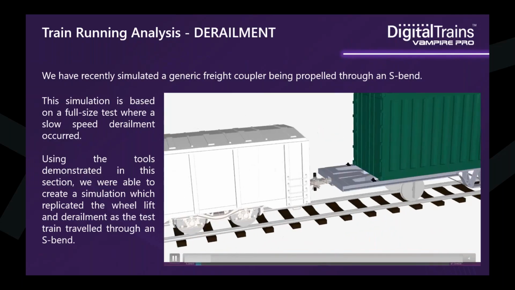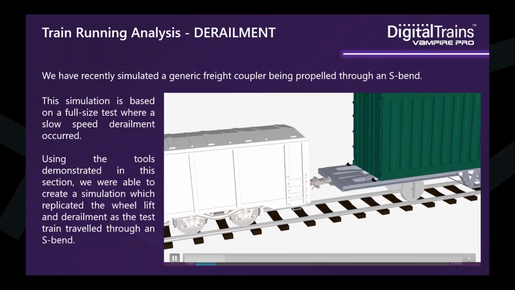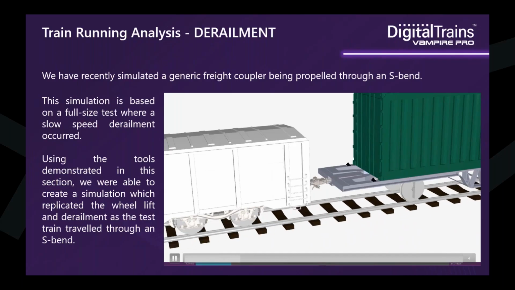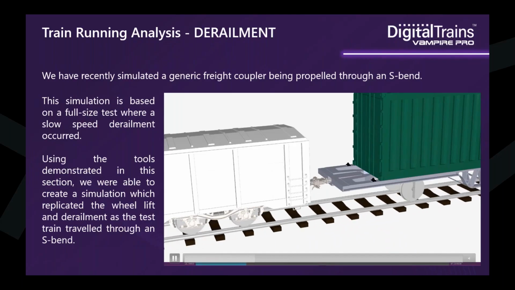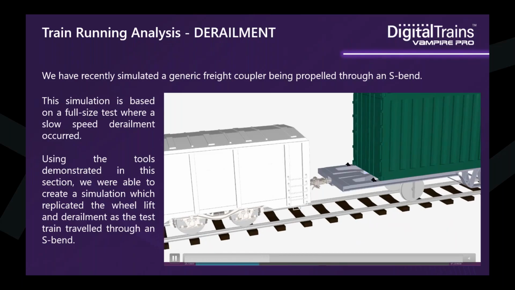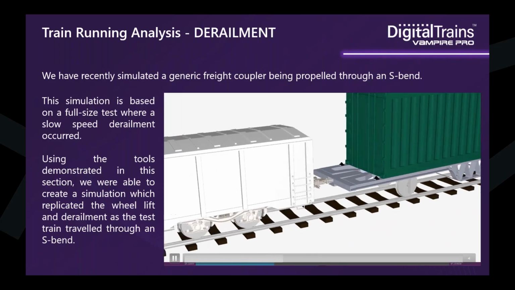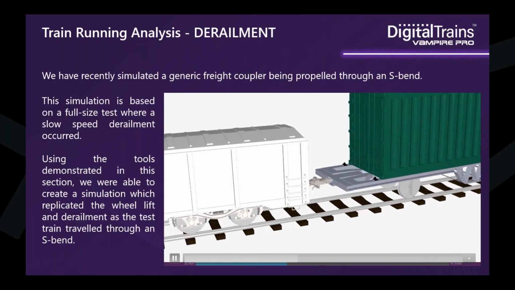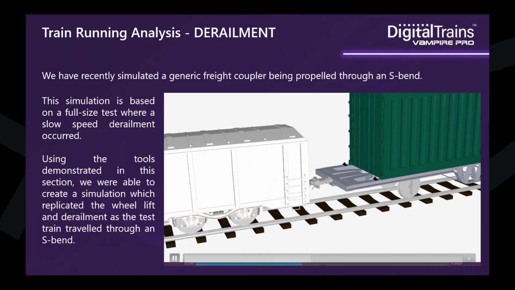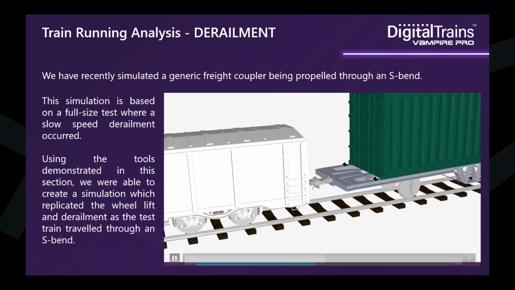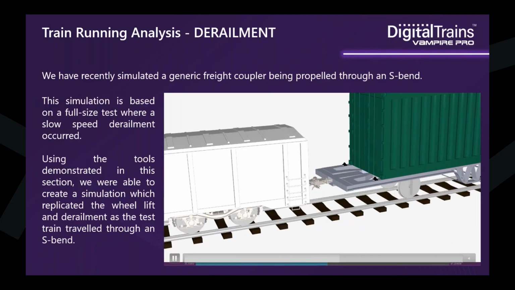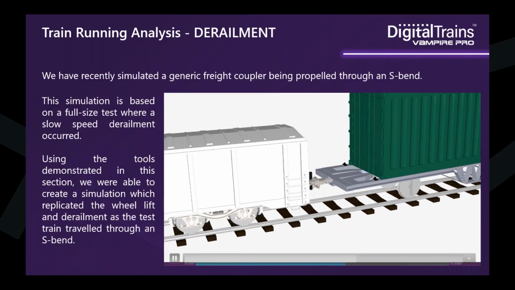When using the software to simulate derailment risks, the 3D visualization can help determine the point along a route where wheel lift or, in severe cases, derailment may occur. In this example, which is based on a full-size test which actually happened, a derailment occurred as the freight train travelled through an S-bend.